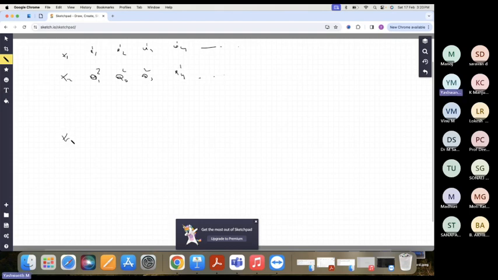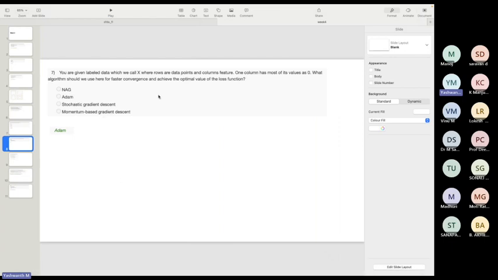And so this is XM, right? So what is being said is that one of the columns has a very, very small number of entries that are 1. So in this case, which algorithm should you use for better convergence?